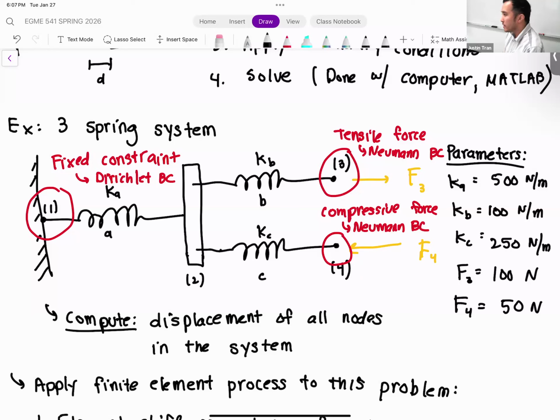But node 2 is basically just internal to the system, so we don't have any boundary condition applied on node 2. If you want to be specific, technically there is a boundary condition on node 2: we're saying that there's zero force being applied, so we have a Neumann boundary condition with zero force on node 2. So net force is 0.